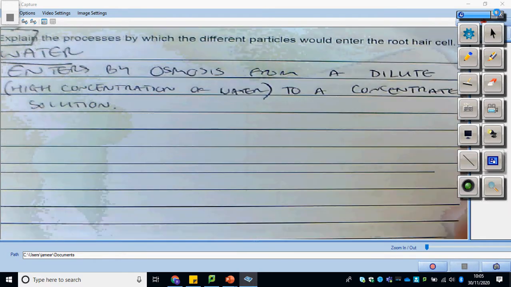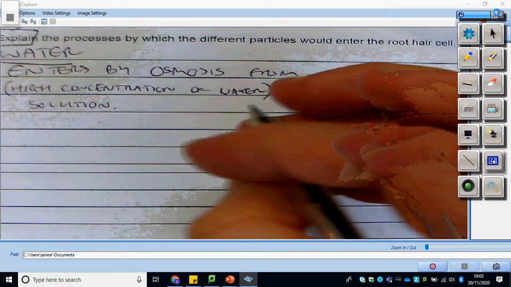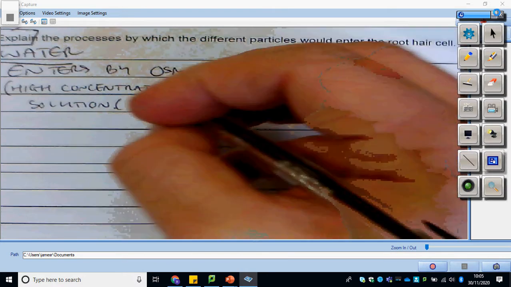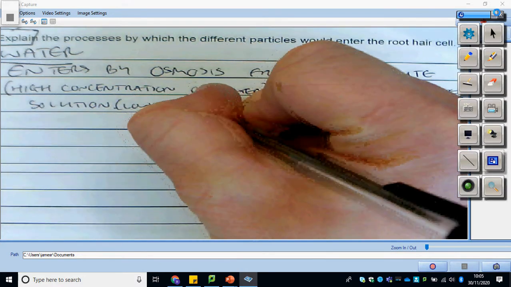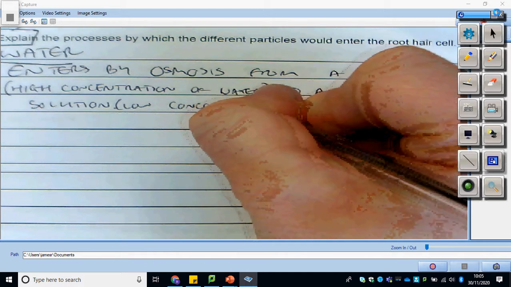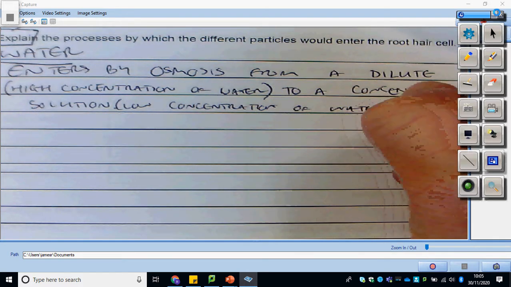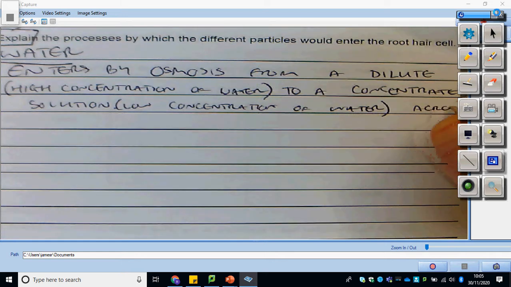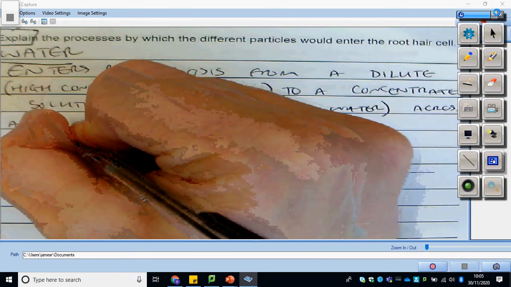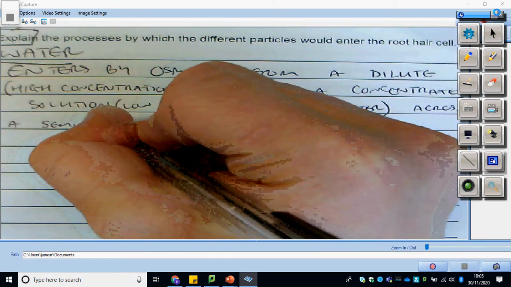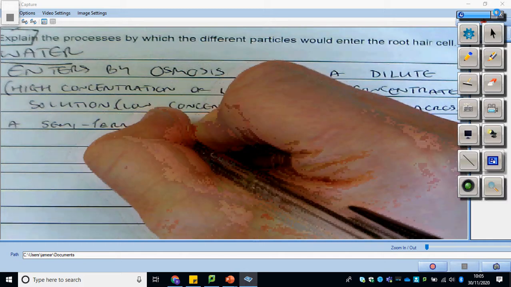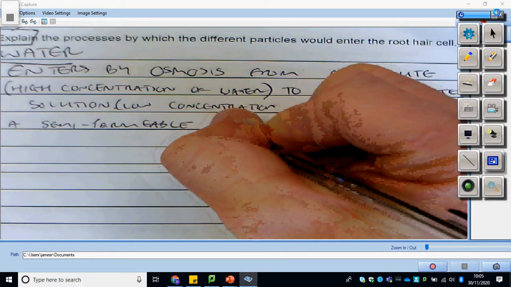So it goes from a dilute to a concentrated solution, and you'll remember a concentrated solution is a low concentration of water. And then just to make sure I'm showing that I really know this, I'll write across a semi-permeable membrane.